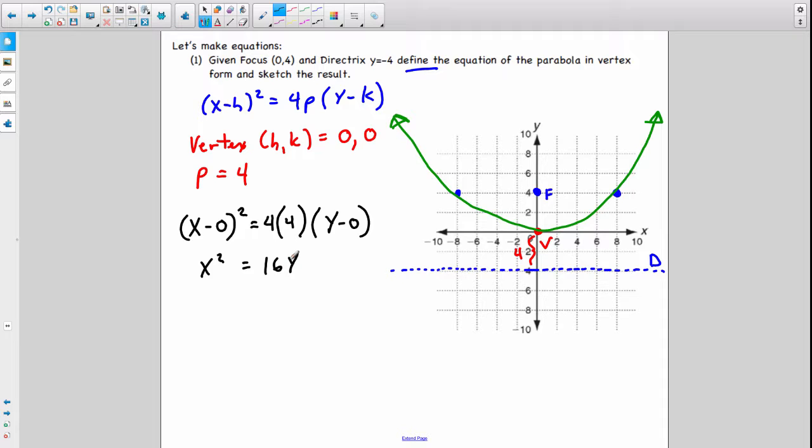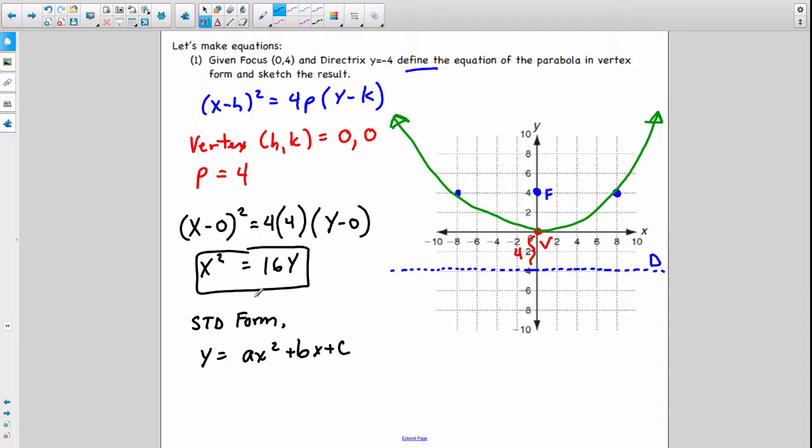That's pretty cool. Now, standard form would be actually pretty simple for this one. We want it to look like y equals ax squared plus bx plus c. So you take this and make it y equals.